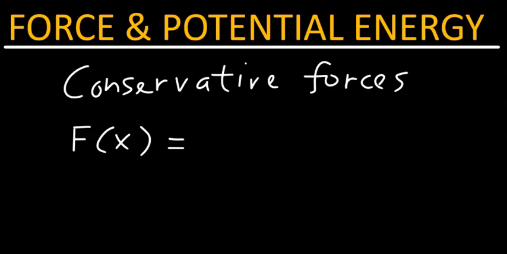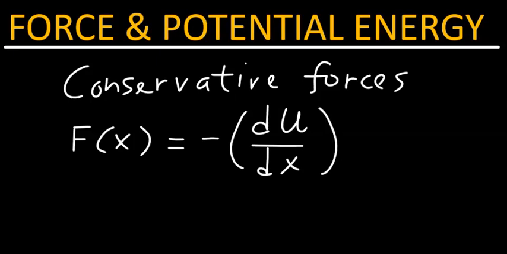It is quite simply the minus position or coordinate derivative of that potential energy function, like that. And if you require a vector expression, the right-hand side should have the unit vector attached along with it.